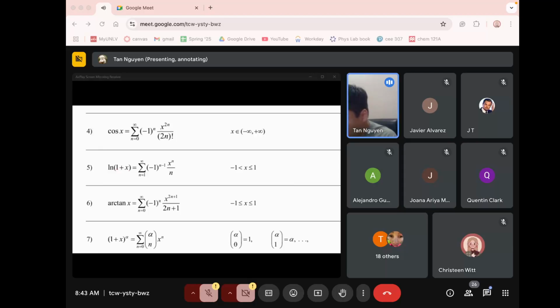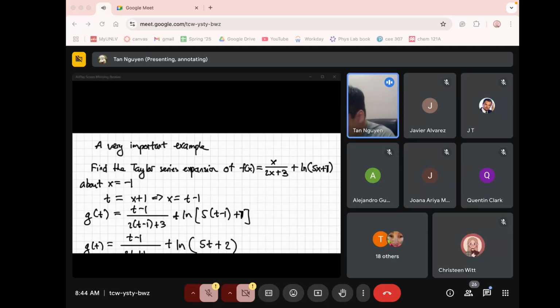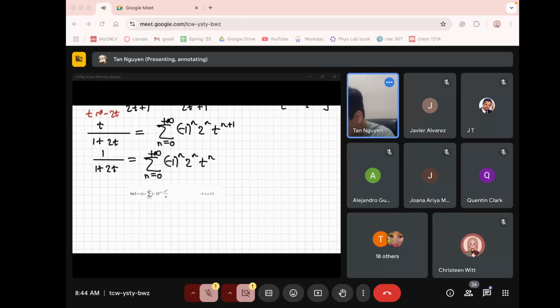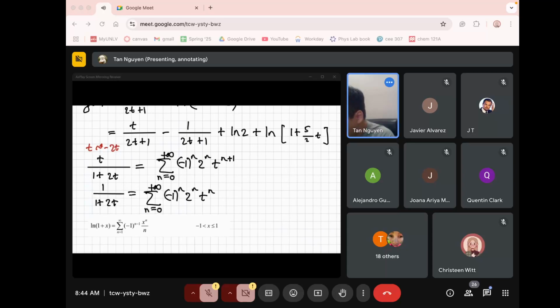Okay, let me copy this so that we have it in front of us. So I'm using number 5 here for the series for ln. Okay, what do I need to replace x by here to get that?